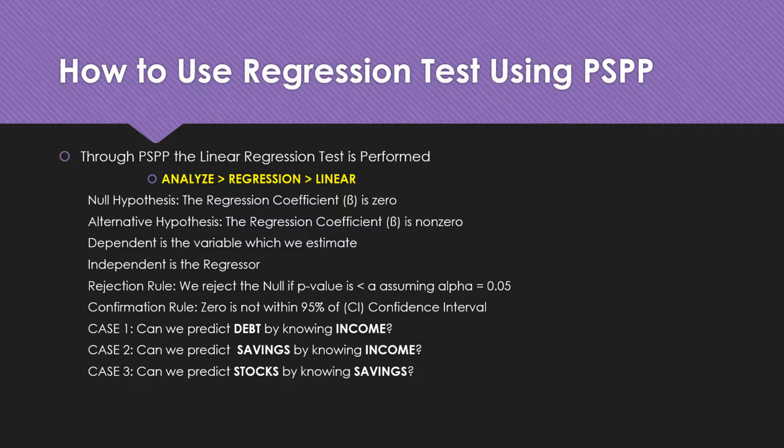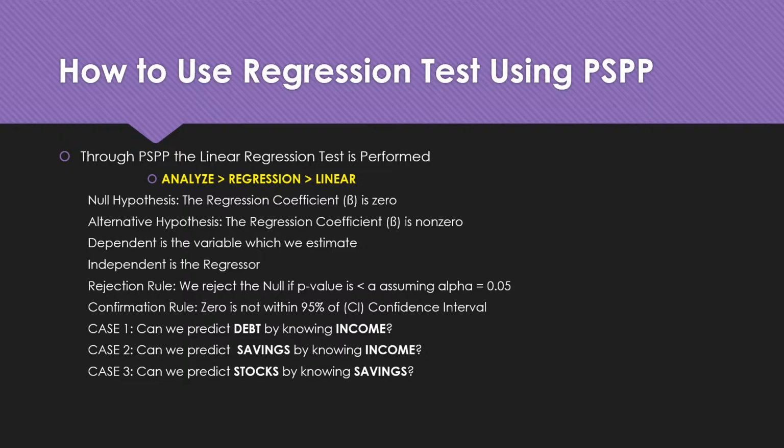If you recall the survey data collected during this class, the information from people regarding their income, savings, debt, and stock holdings were examined. In these examples, we are going to see if, case number 1, we can predict debt by knowing the income.